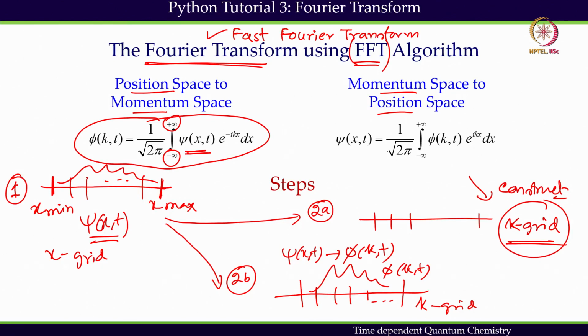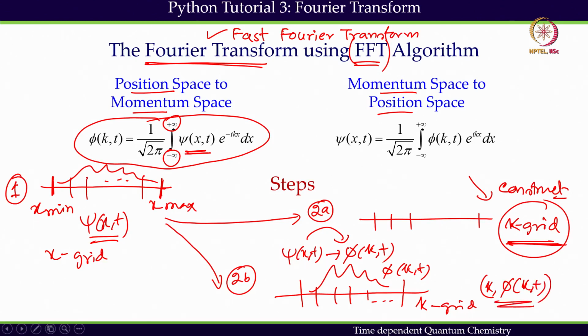First, we have to convert the x grid to the k grid, and then we have to convert the function, which is the Fourier transform, to the k grid, and then we can plot it. It is going to be k versus phi k t. This is what we can plot.